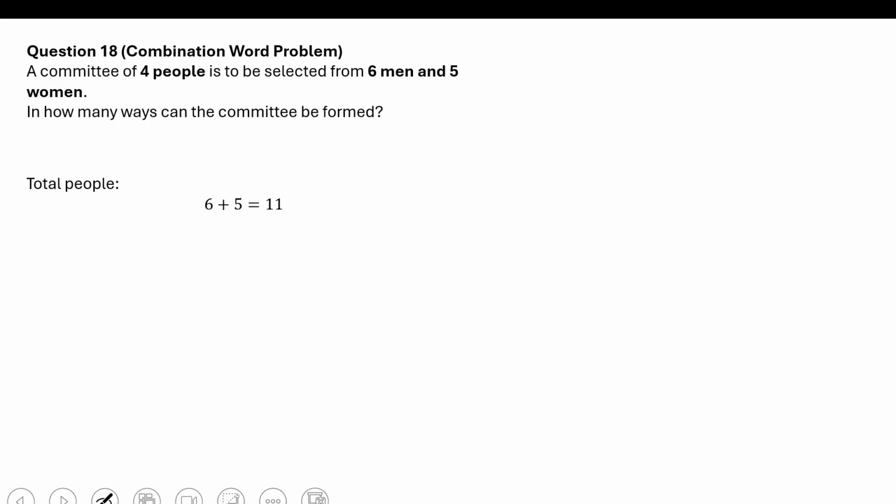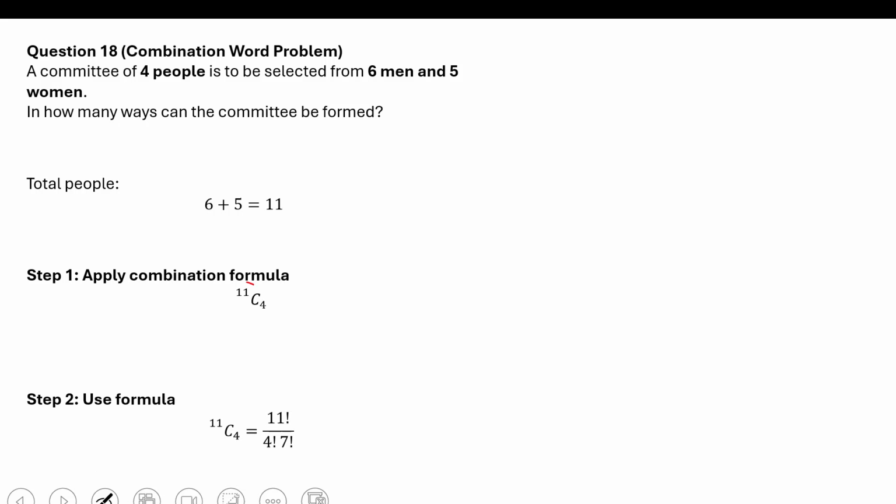Okay, so I'm going to be saying 11 combination 4, where 11 is the total people in that group, and the 4 is the committee of 4 persons. So once I can represent my word problem in this form, my answer is already there. I just express it. You know that n combination r is simply n factorial over r factorial times n minus r factorial.